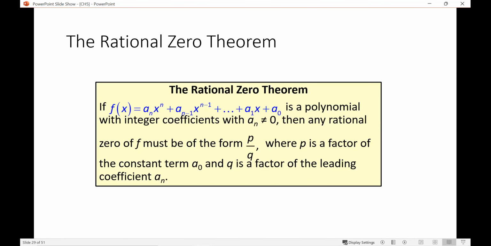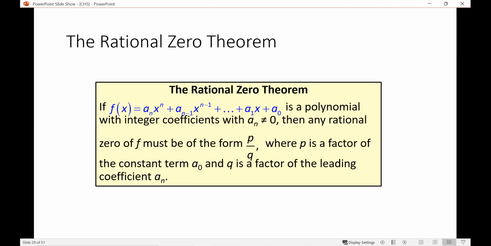So the rational zero theorem tells us that if we've got this polynomial and it's got integer coefficients where the leading coefficient isn't zero, then any rational zero of f has to be of the form p over q, where p is a factor of the constant term and q is a factor of the leading coefficient, right?